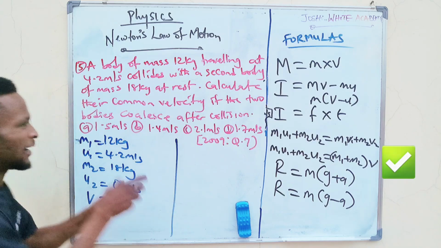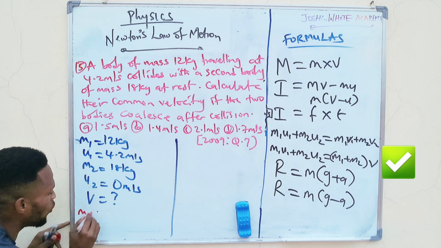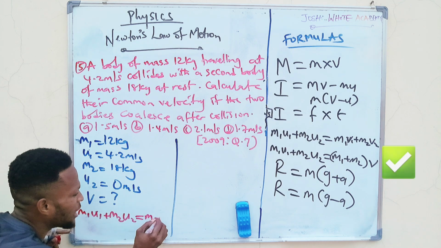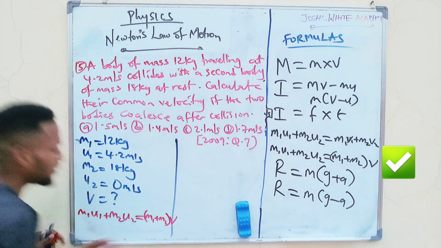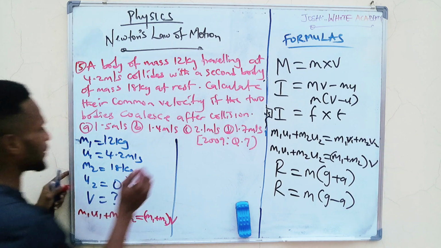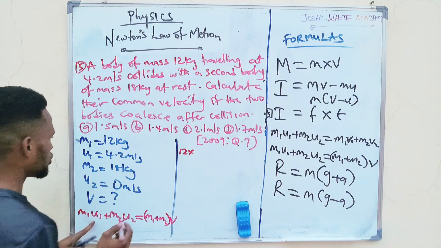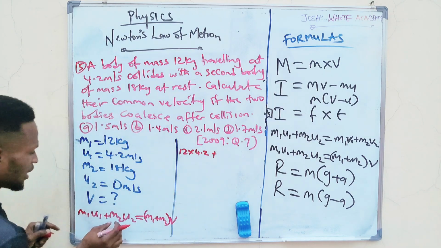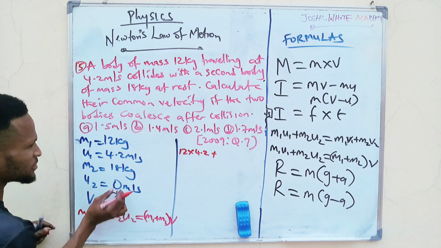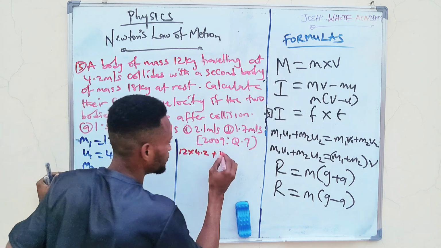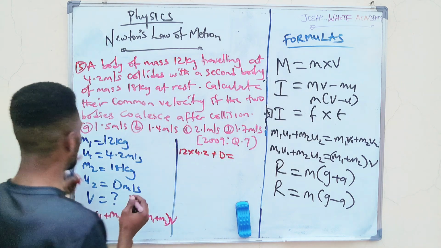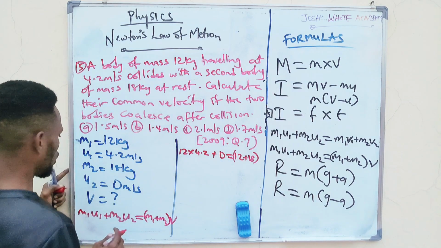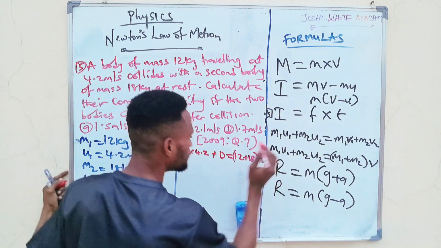Where two bodies undergo perfectly or complete inelastic collision by sticking together and having similar velocity. So now let's write our formula. M1U1 plus M2U2 is equal to M1 plus M2 times V. So our M1, 12 times U1, 4.2 plus M2, 18 times 0 will surely give us a 0, is equal to M1 plus M2, that's 12 plus 18, close bracket, our V is what we are looking for.